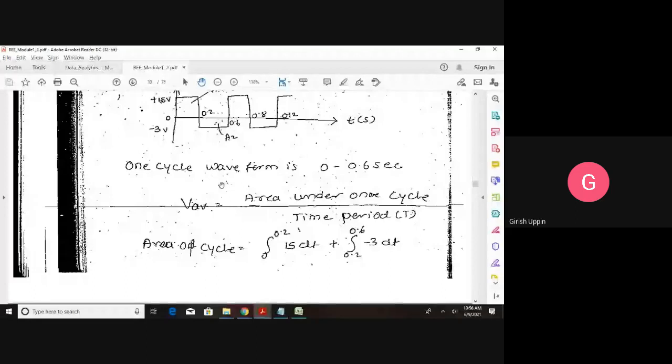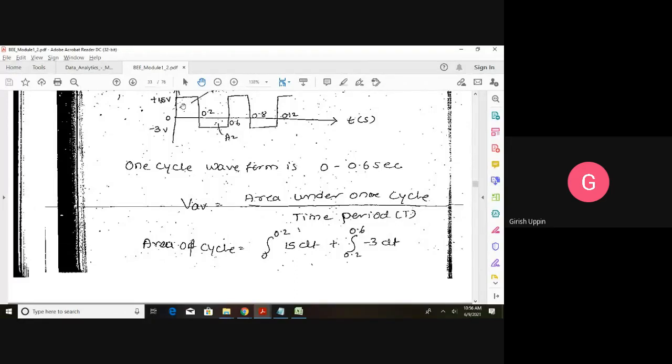So either you can do this integration. You can take a small strip as a dt, 15 into dt, integrate from 0 to 0.2, and here another small strip dt, minus 3 into dt, integration from 0.2 to 0.6.